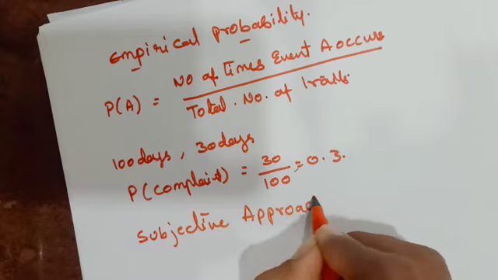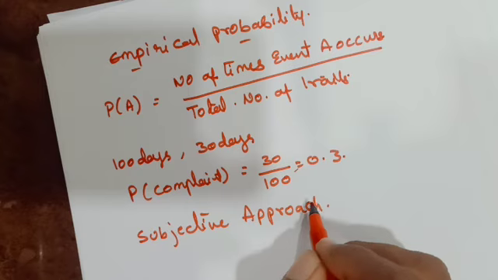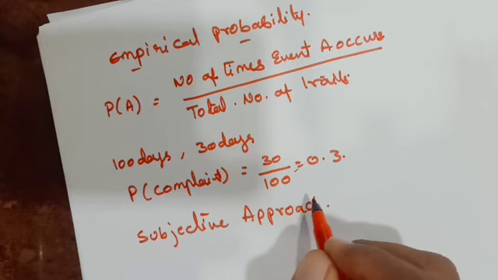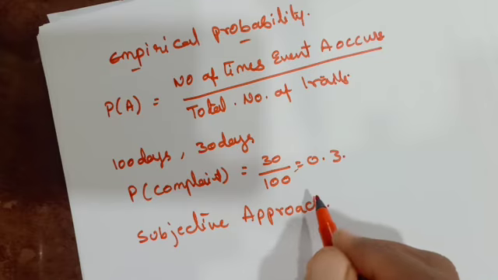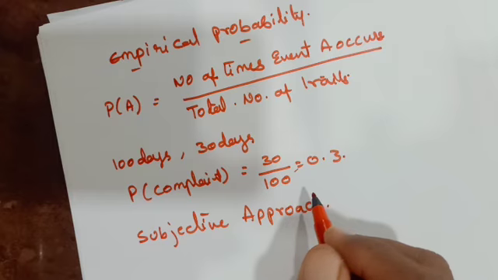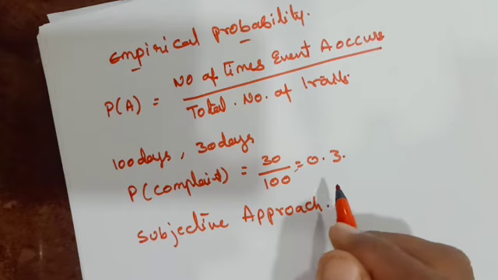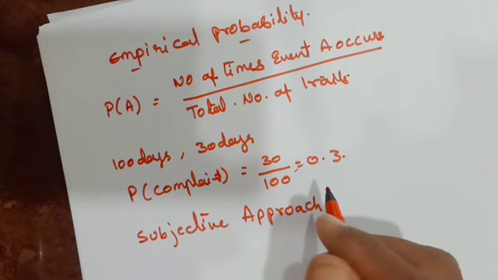In the subjective approach, basically it is based on intuition, opinion, or judgment. Instead of taking historical data and theoretical frameworks, it is purely based on intuition, opinion, or sometimes judgment.